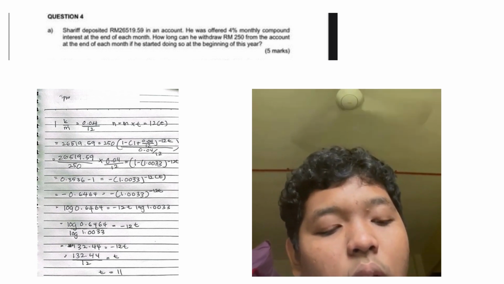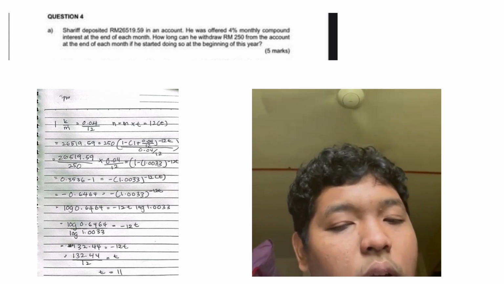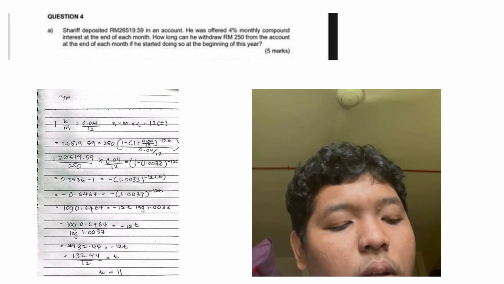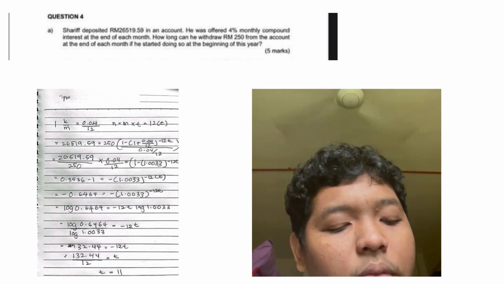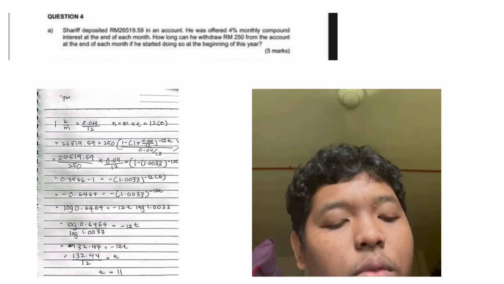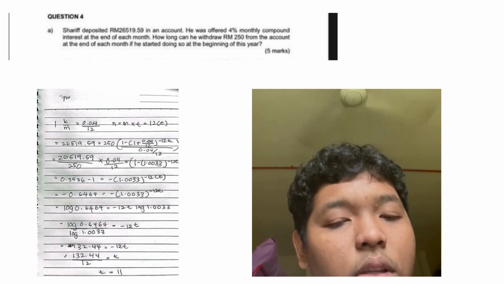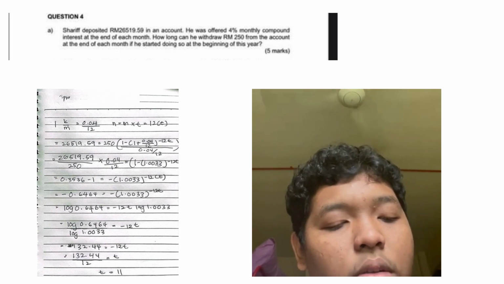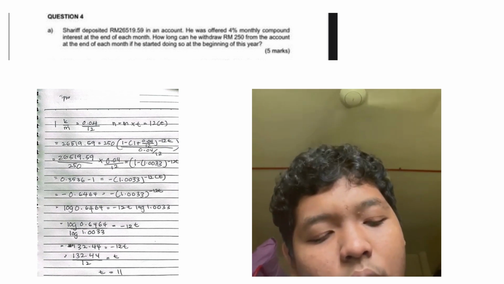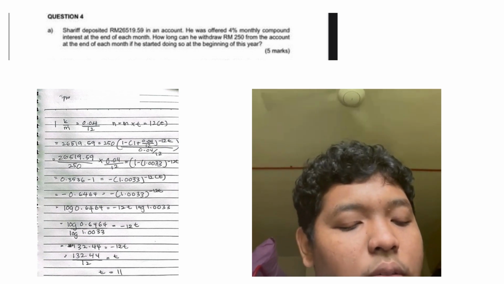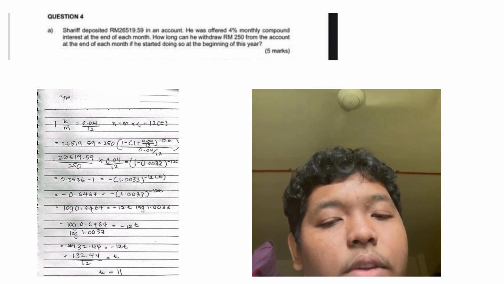The negative 12 we are going to move from the front and divide by 12, and we are going to find t. The answer for t is 11 point something. So we are going to take the whole number, so the answer is 11 for the period.